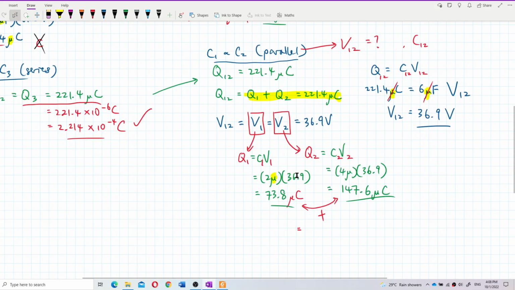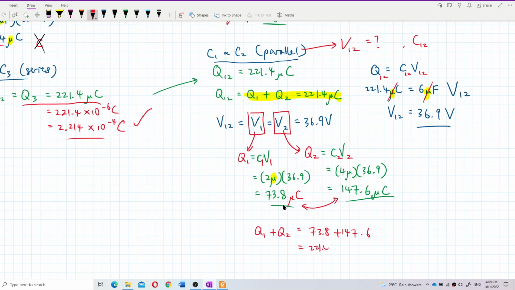That means 73.8 plus 147.6. You plus them together and see. Yes, you get 221.4 microcoulomb exactly.